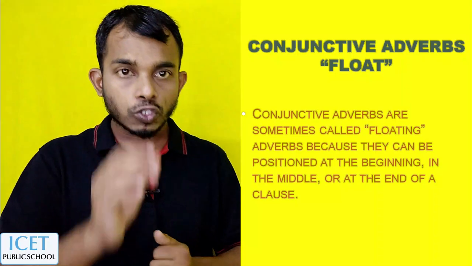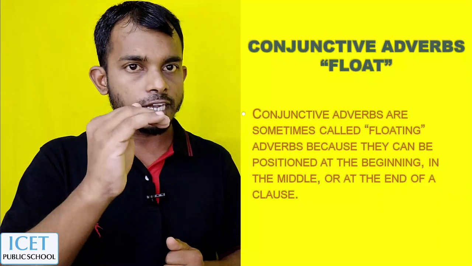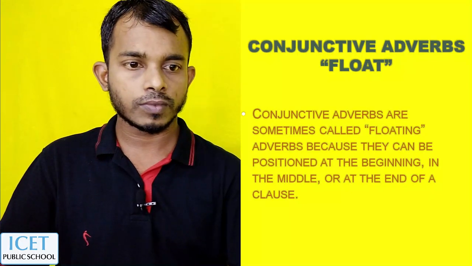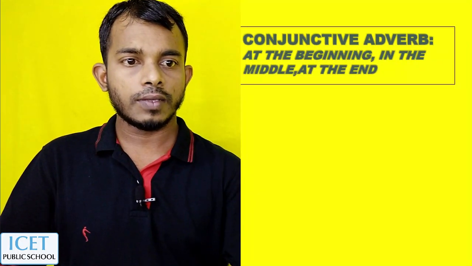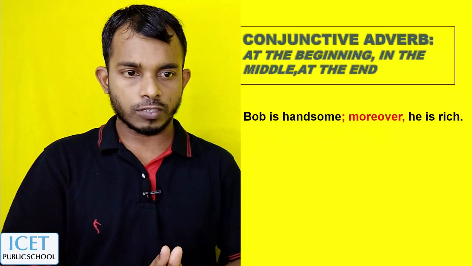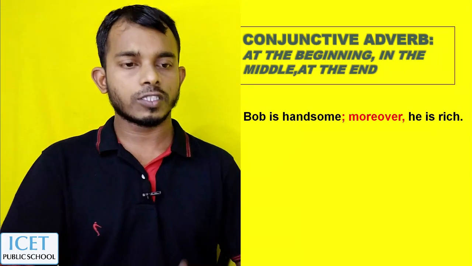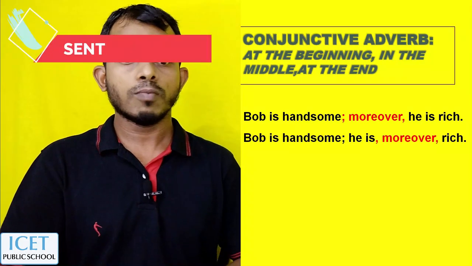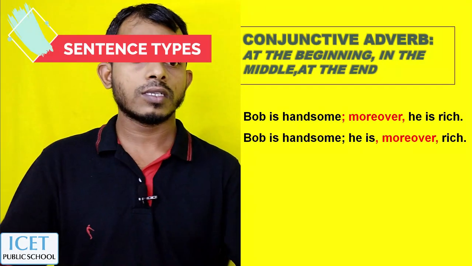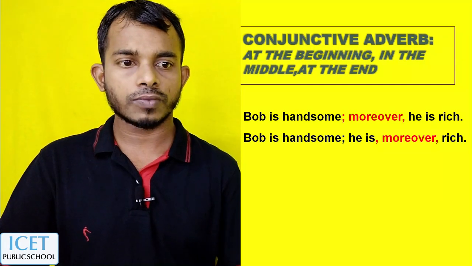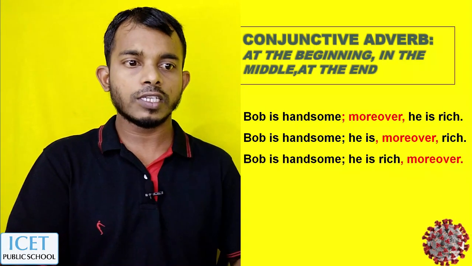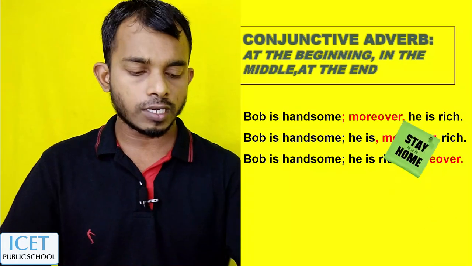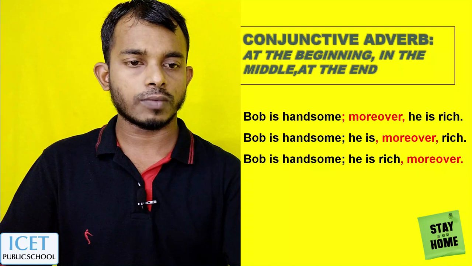You got it? So the conjunctive adverb is also called a floating adverb. Now, Bob is handsome; moreover, he is rich. This is our example. Again we can make it another way: Bob is handsome; he is, moreover, rich. Bob is handsome; he is rich, moreover. It can come any way, that is possible.